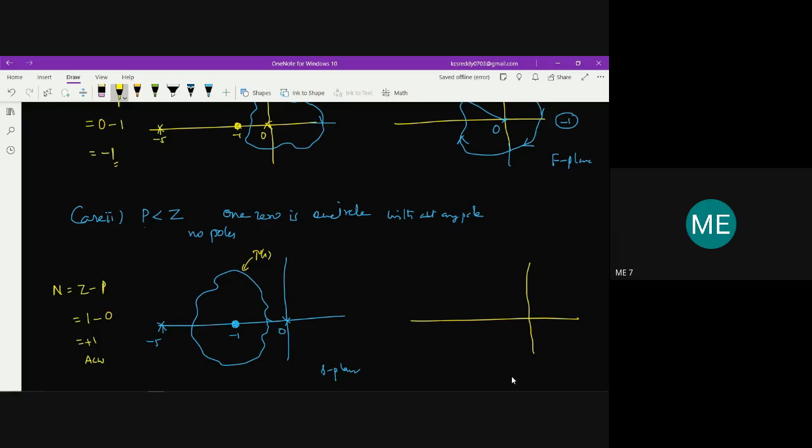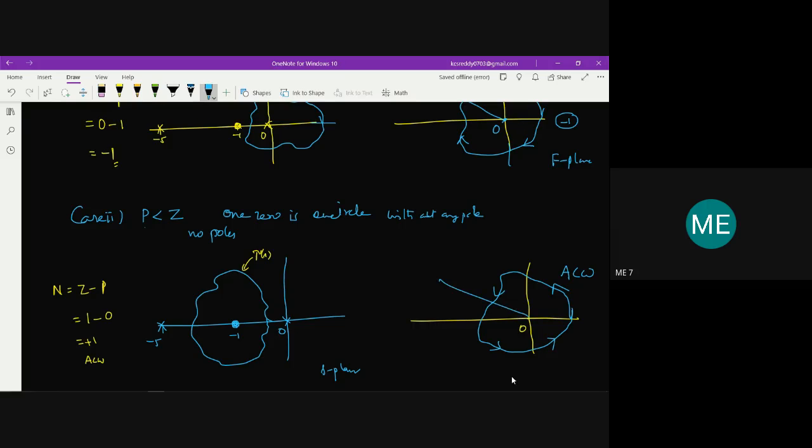So in the F plane, about the origin, if I plot the tau of S path, there will be only one encirclement, in the anti-clockwise direction because it is positive.